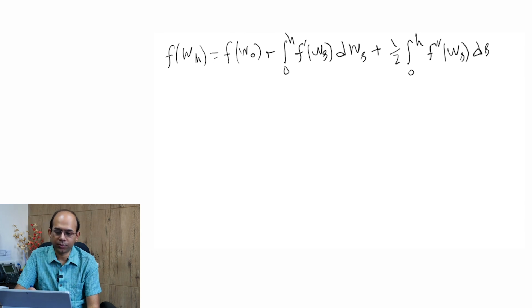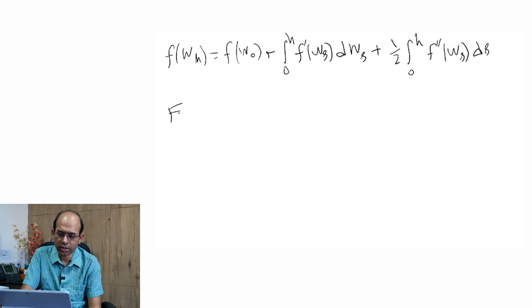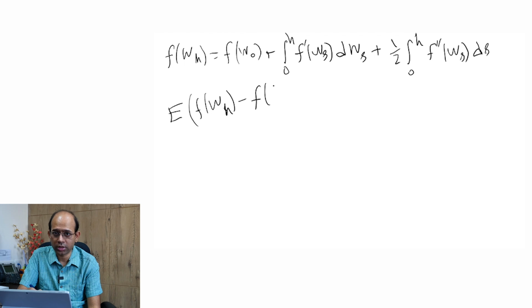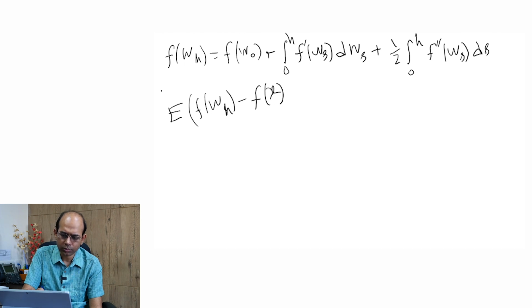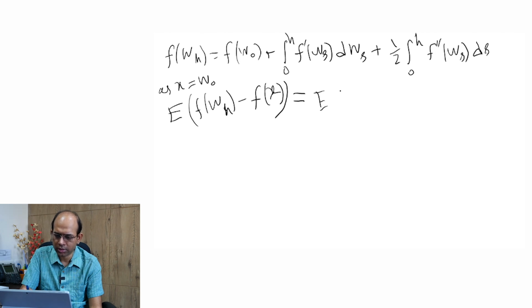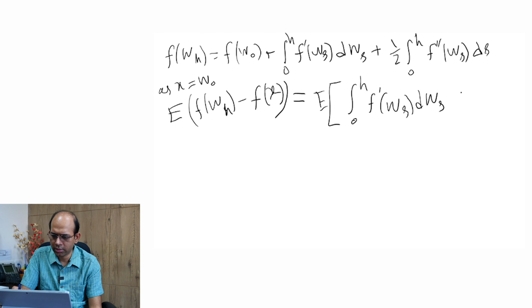Okay, so now if I want to find out the expectation of f of W_h minus f of W_0, here given W_0 is equal to x, so f of x here. Okay, so as x is equal to W_0, this is equal to the expectation of the integration 0 to h of f prime W_s dW_s.